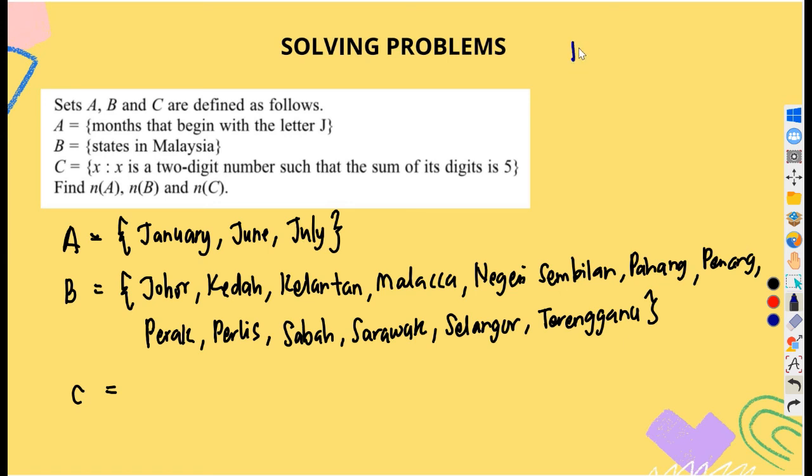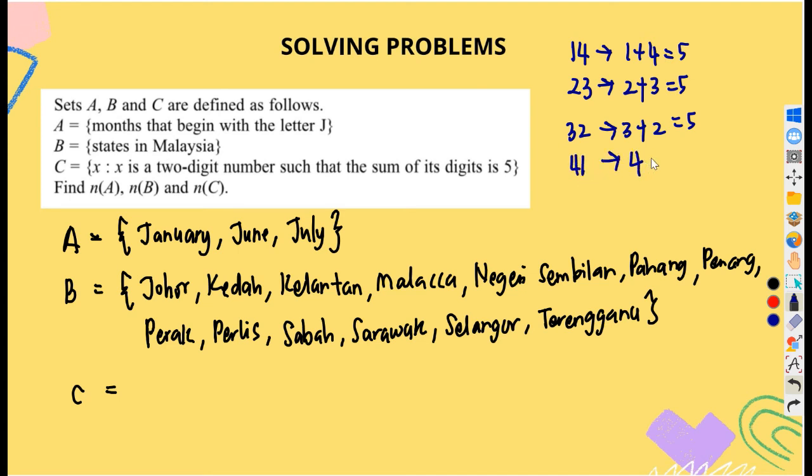It will become 14, so 1 plus 4 is equal to 5. Then we have 23, so 2 plus 3 is equal to 5. And then we have 32, so 3 plus 2 is also 5. And then we have 41, so 4 plus 1 is equal to 5.